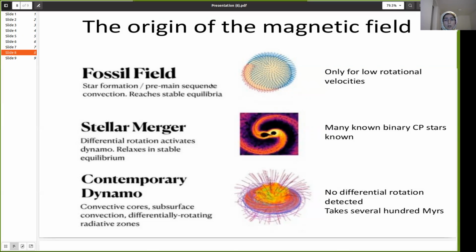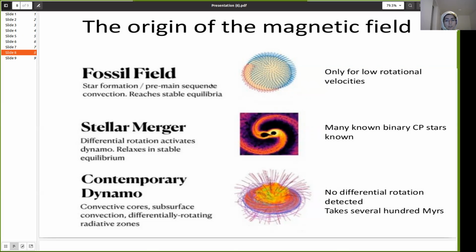And the third one says that the activation of the dynamo is related to differentially rotating radiative zones. But we didn't see any differential rotation in the CP stars, or it takes several 100 million years.